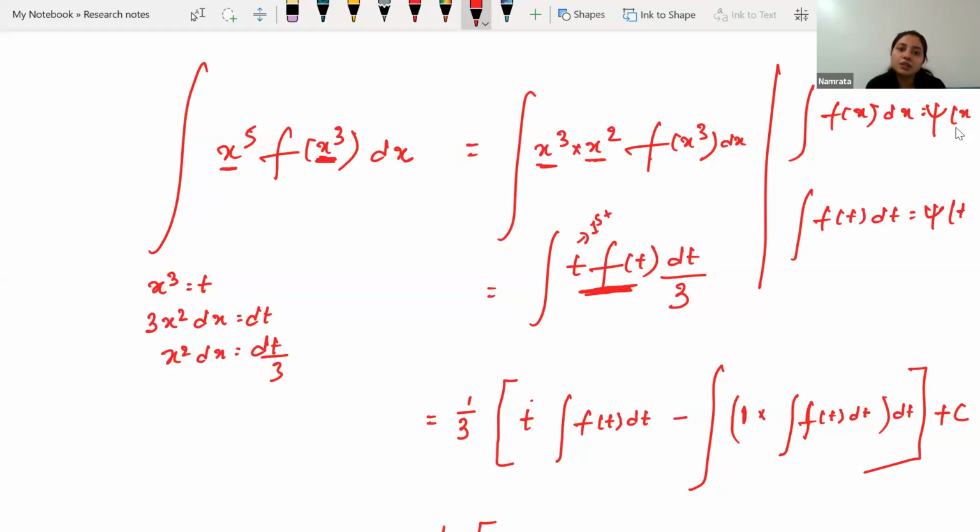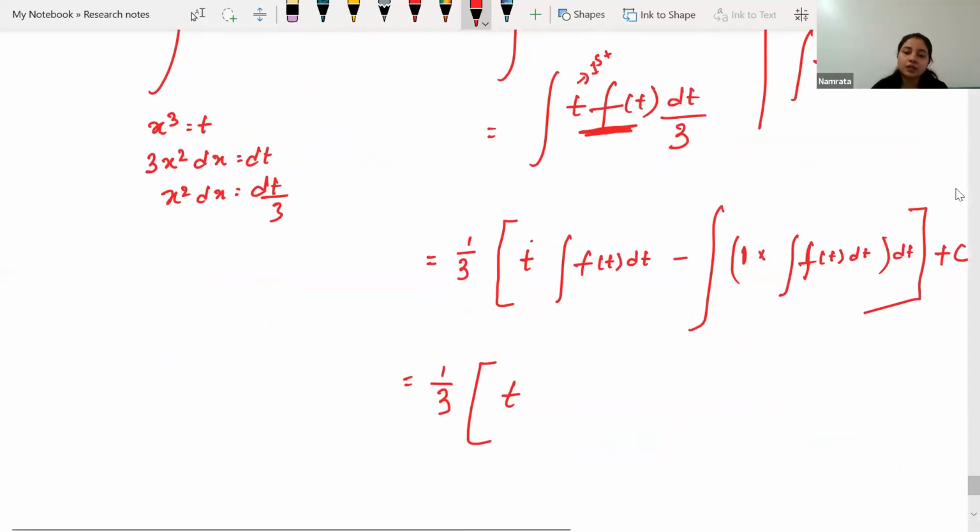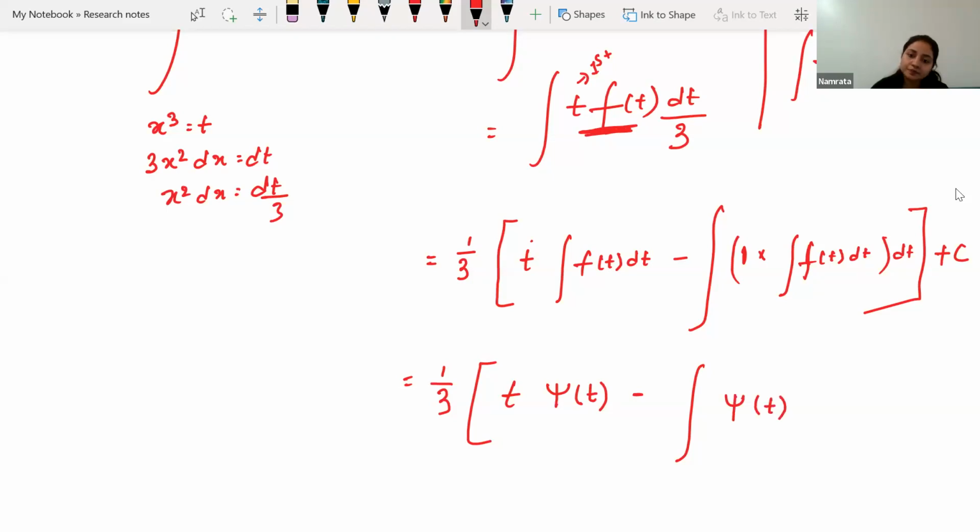These are just variables, right? Yes, we can write that. So I am going to write this directly without the integration sign as psi t, because that condition is given to us. Minus, here again we write integration of psi t dt, plus c.